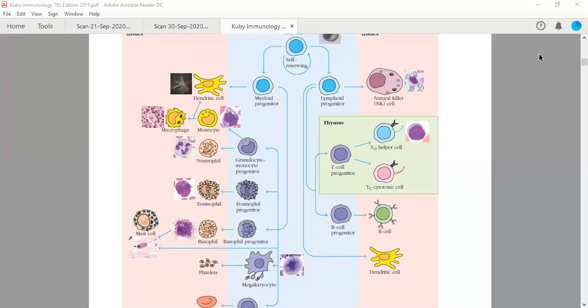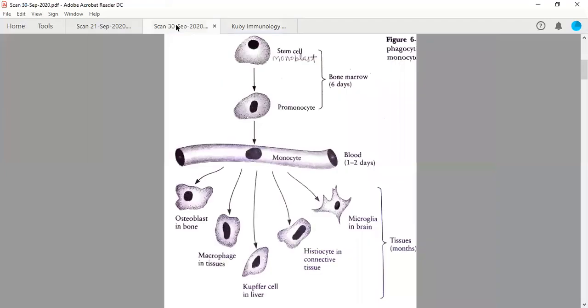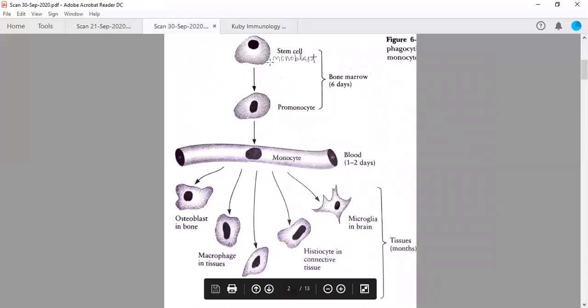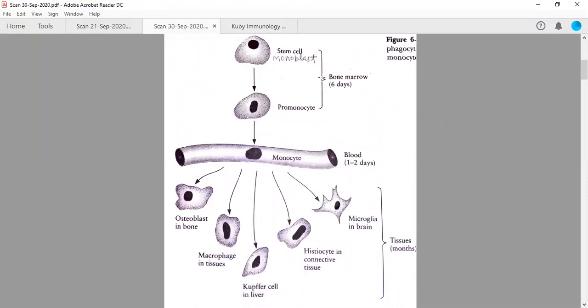So now see this particular diagram, the second one, which I already showed you. The stem cell from where the monocytes or the macrophages are coming is called the monoblast. In the bone marrow, monoblast will give rise to promonocytes, which have a life of 6 days, right?